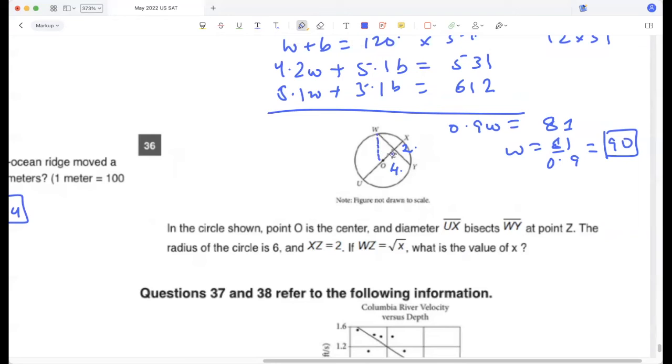Okay, so because this OX bisects this, it means that this angle has to be 90 degrees. So WZ is square root of 6 square minus 4 square by Pythagoras theorem. So 36 minus 16, which is root 20. So x is 20.